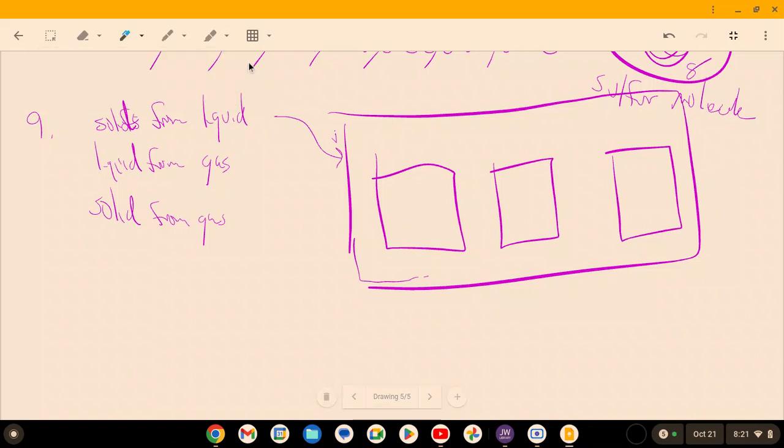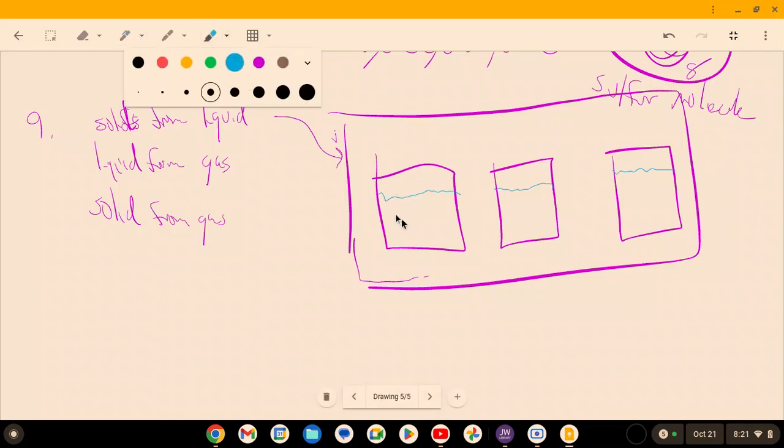I'll just do the liquid the same each time. And then let's do highlighter, same color.